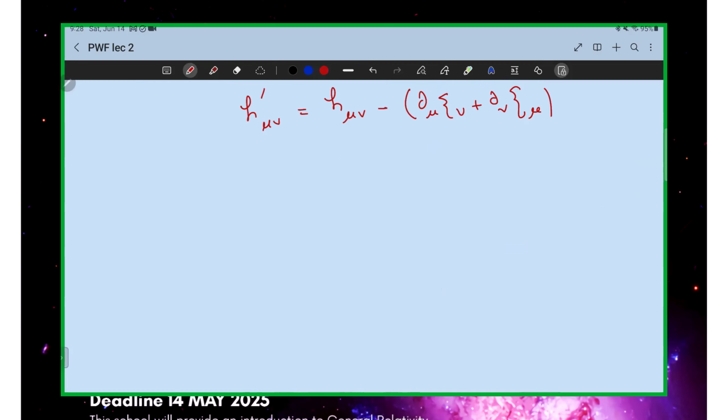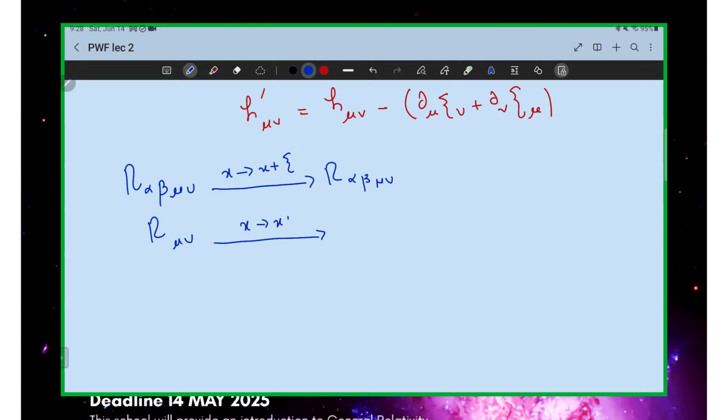So you have to just take my word for it. You can check it for yourself if you want. If you do this transformation, the Riemann tensor is invariant. If you talk about the Ricci tensor and do this transformation, the Ricci tensor is invariant.